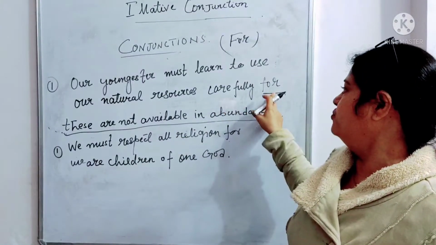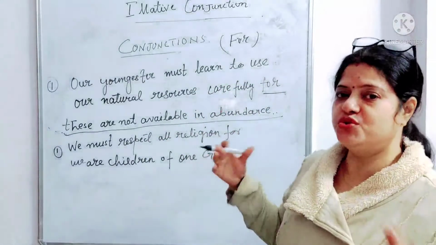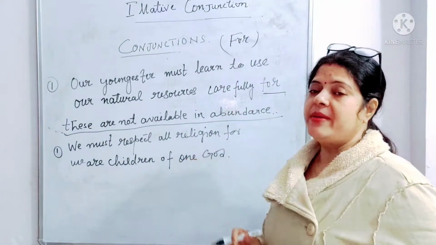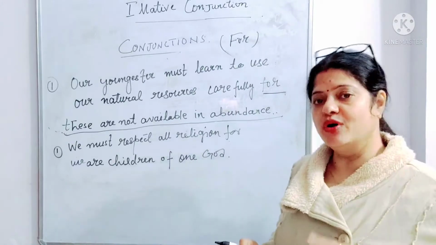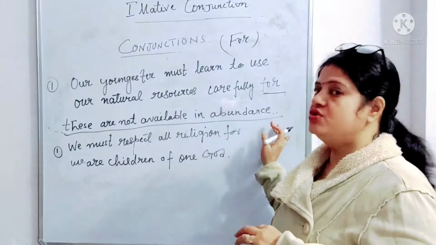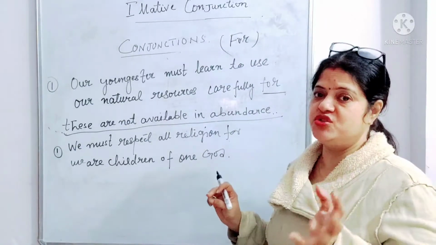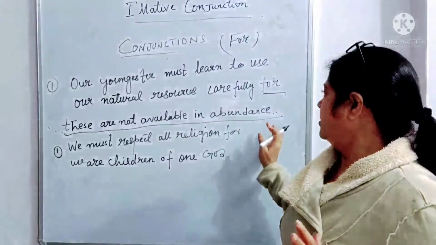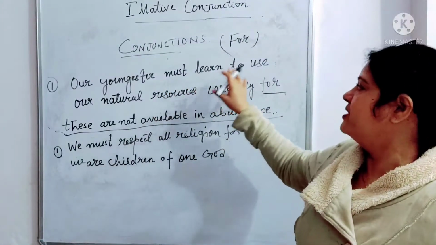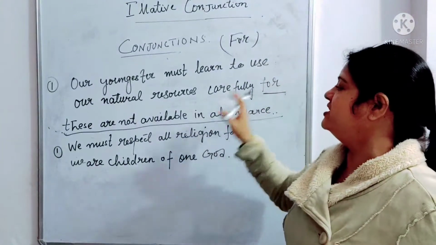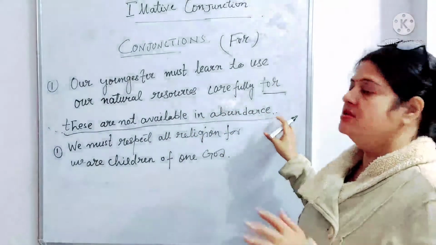Here we are using the conjunction for to show reason, and it becomes a compound sentence. Remember, for also means the same as because, but it shows a remote possibility of things happening. Like, our youngster must learn to use our natural resources carefully, for these are not available in abundance.